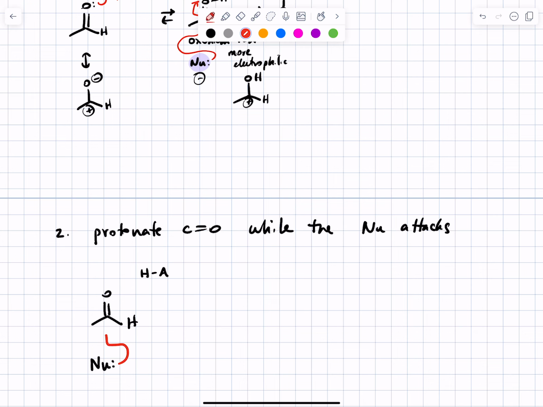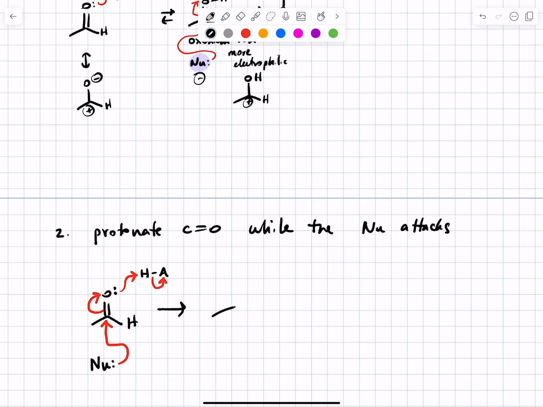The nucleophile attacks the pi star, and we break the carbon-oxygen pi bond, but we never get to a negatively charged tetrahedral intermediate because as this bond is breaking and negative charge is building up on the carbonyl oxygen, it picks up a proton from the acid.